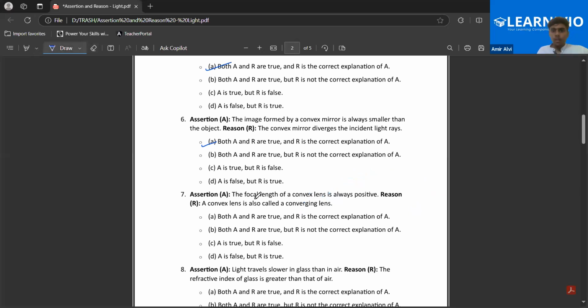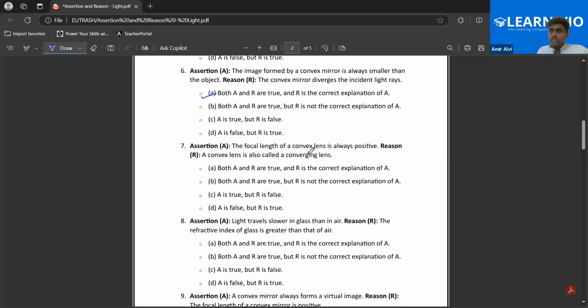Next one. The focal length of a convex lens is always positive. The convex lens is also called a converging lens. Okay. Fast, everyone. Only one answer by Maha. Okay, Gianna. Okay, Harshit.